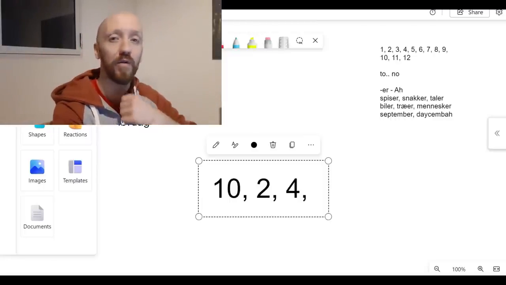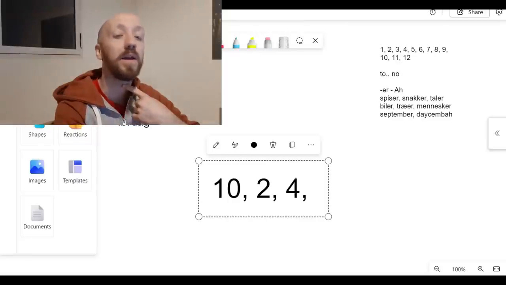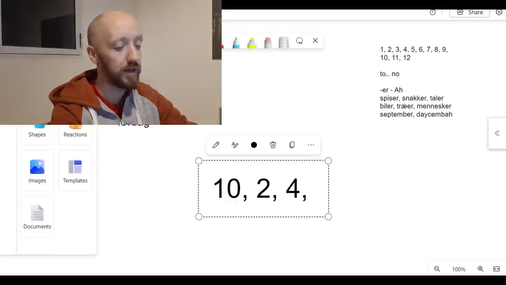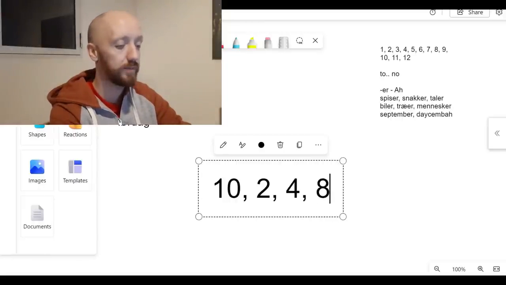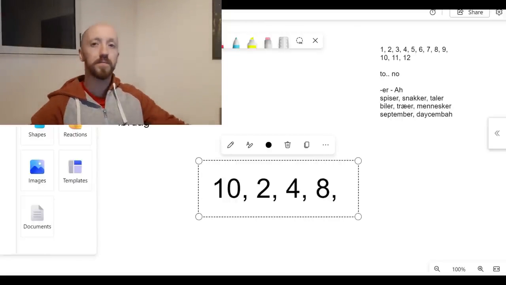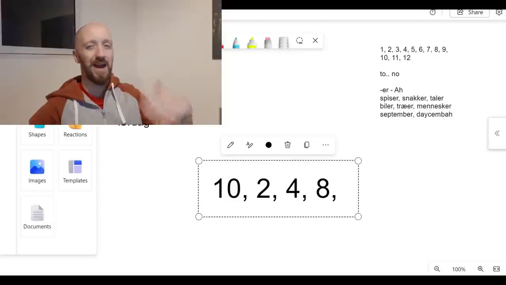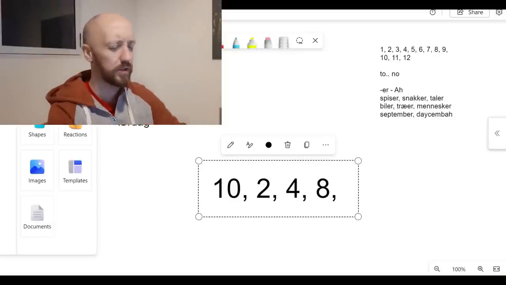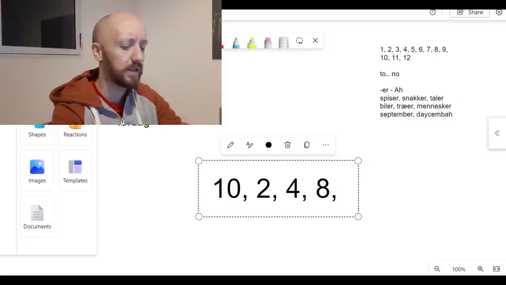Notice the R from the throat again. April. Lad os tage den 8. The 8th. August. August. Sounds like you're saying August. Lad os tage den 5.